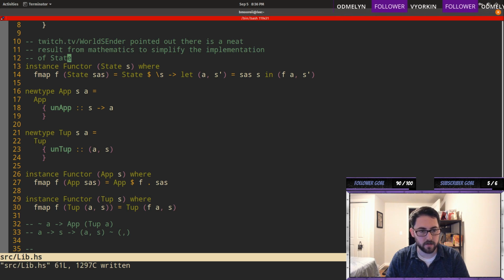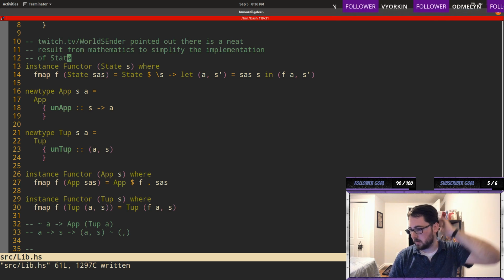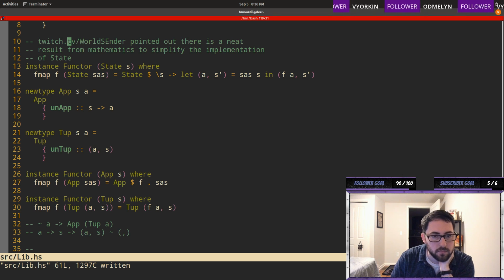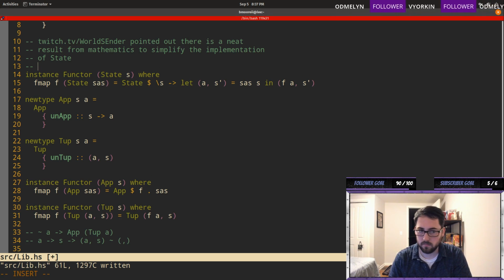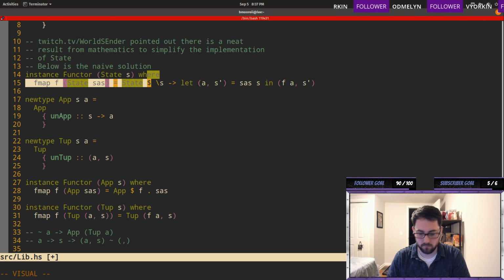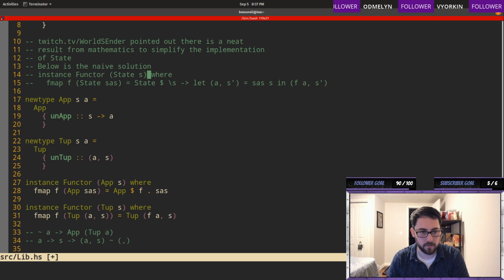What do we think about, does that make sense? Or should I write, is this really category theory? Oops, wrong button. There we go.